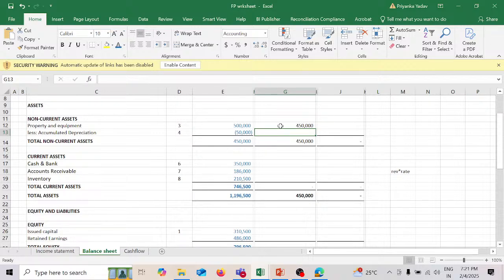This we have picked for 2025. On this we'll calculate the accumulated depreciation. And we'll make this figure negative because this is a cost and we have to deduct it from the assets, the fixed asset.